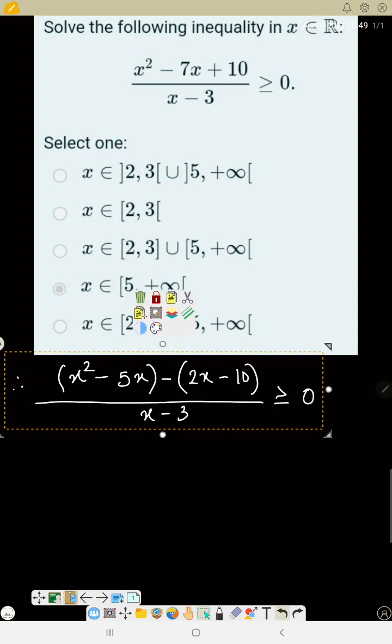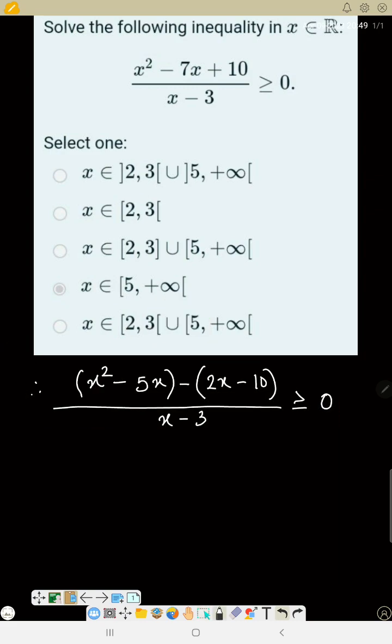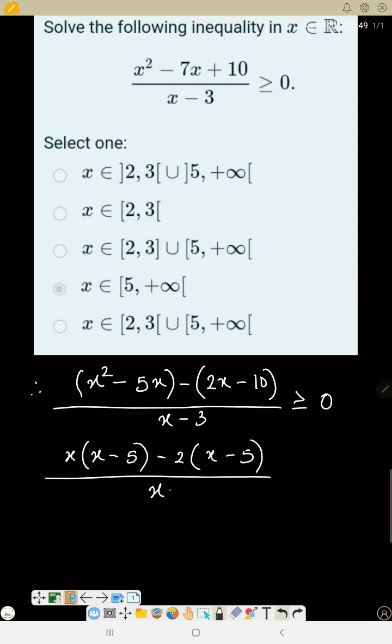So now we are not through with the factorization. What is common in this bracket? x is common, so it remains x minus 5, minus 2 is common, x minus 5, divided by x minus 3, is greater than or equal to 0.